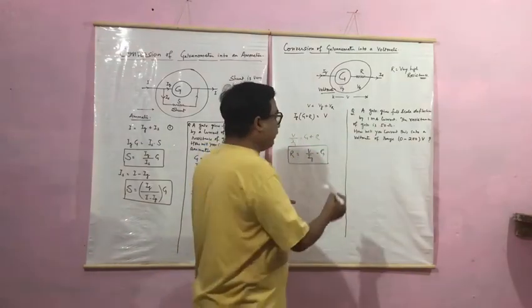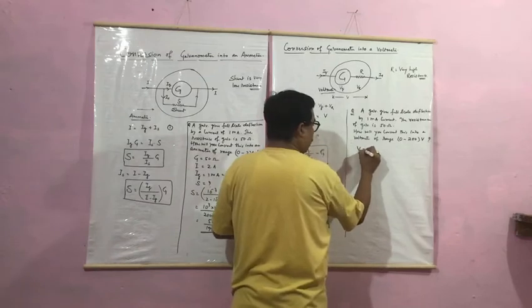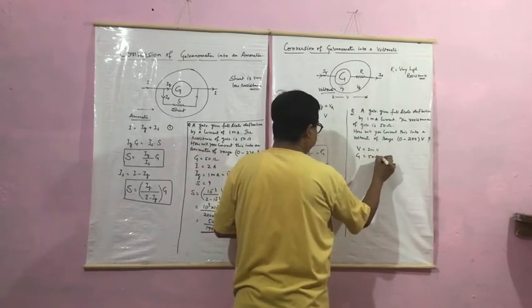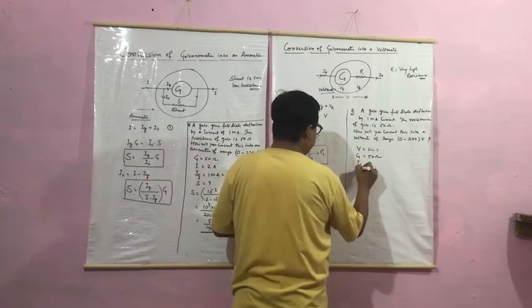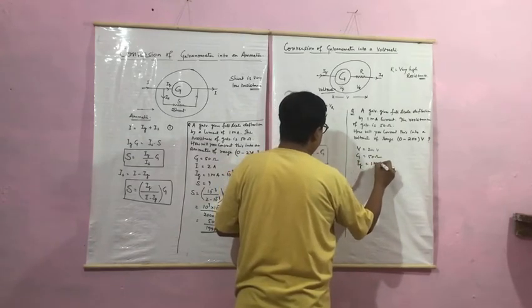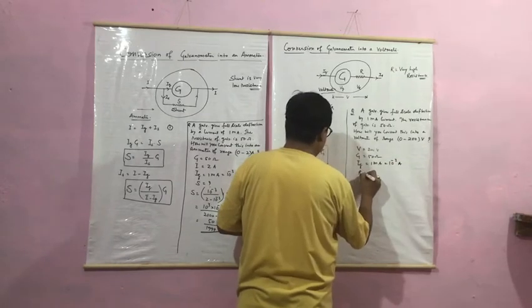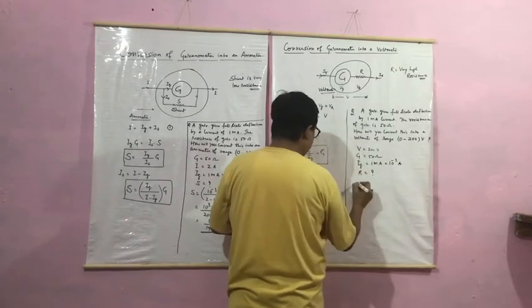Then what are the things given? Given is V is equal to 200 volt, capital G is 50 ohm, and Ig is given, that is 1 milliampere, that is 10 to the power minus 3 ampere, and we have to find out R. Use the formula.